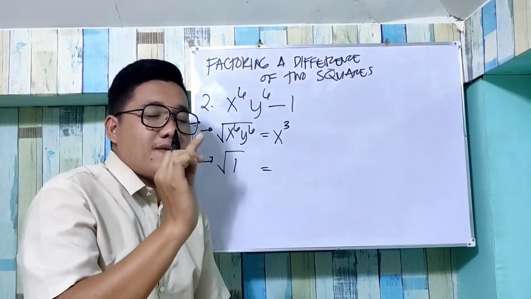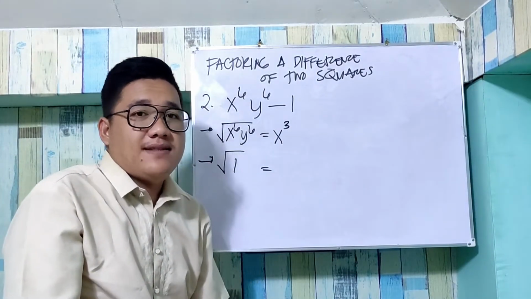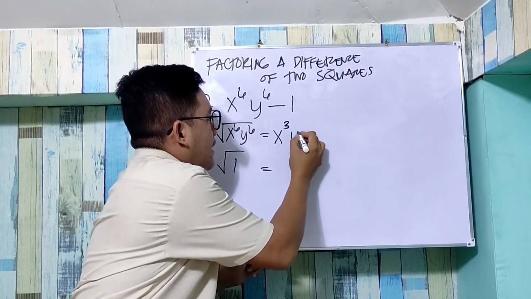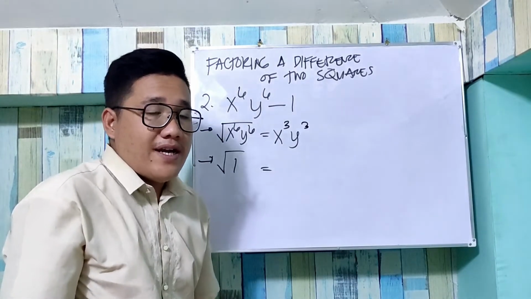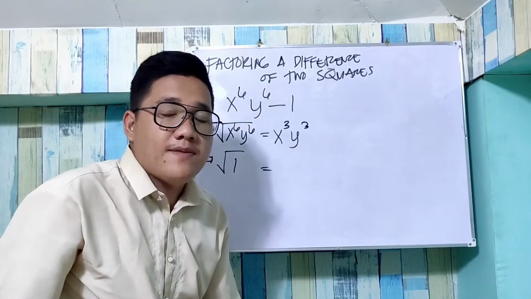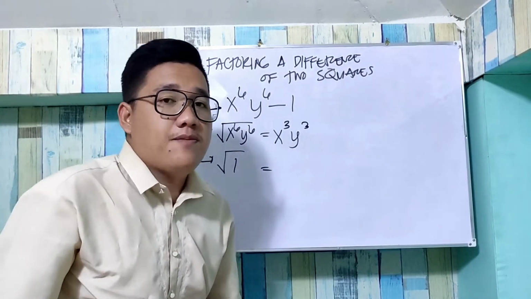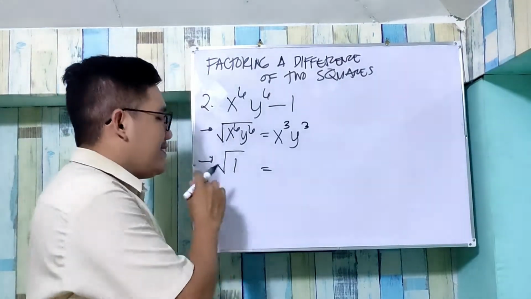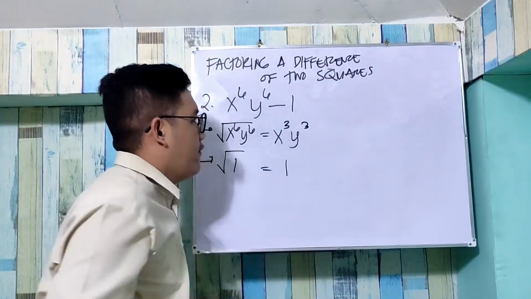X cubed times x cubed, copy the variable, add the exponent, 3 plus 3, that is 6. Next, that is y raised to 3. Why? Because y cubed times y cubed is equal to, copy the variable y and add the exponent, 3 plus 3, that is 6. Very good. What is the square root of 1? Of course, 1. The number itself.